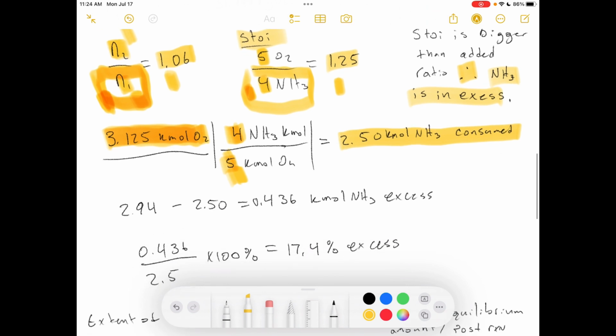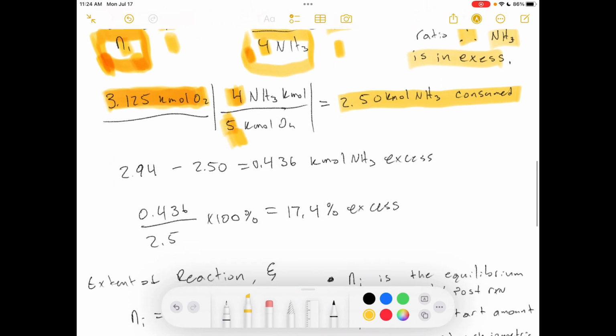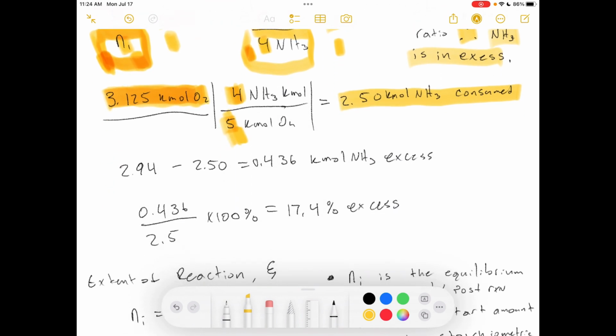But there's stuff left over, right? Because we have 2.9. So how much in excess is it? Well, 2.9 minus 2.5 is 0.436, okay? So we have that much in excess. Now we're going to answer the question: the percentage by which the other reactant is in excess.